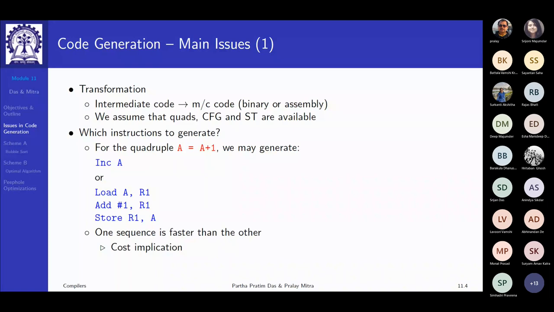The main issues of code generation are two. One is, given this quads, control flow graph and symbol table information, for every instruction we need to choose the proper sequence of instructions in the binary or assembly language to represent it.